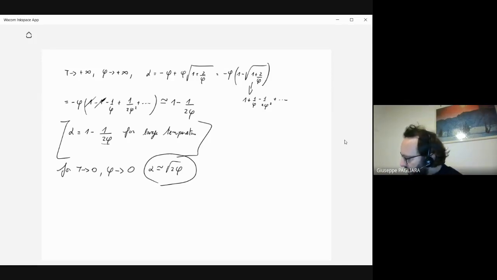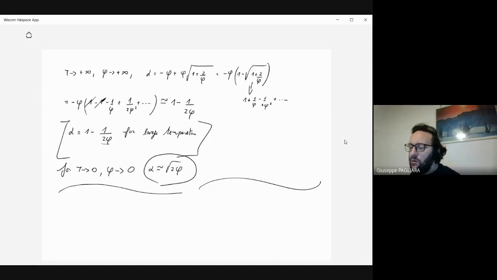Now, what I want to do next is to provide at least an order of magnitude estimate of T0, because phi, we said, is provided by this formula, the ratio between T and T0, this new scale of temperature that we have found, which is different with respect to the scale of temperature determined by the ionization.